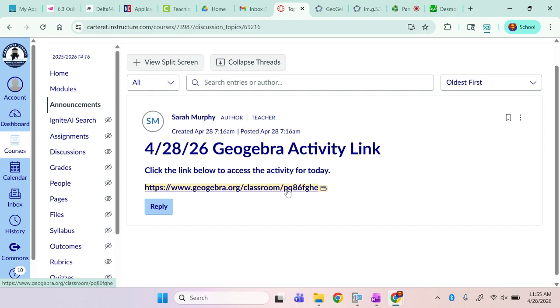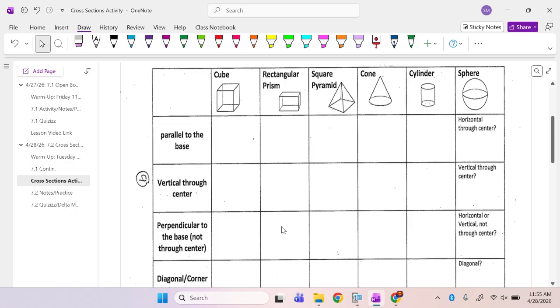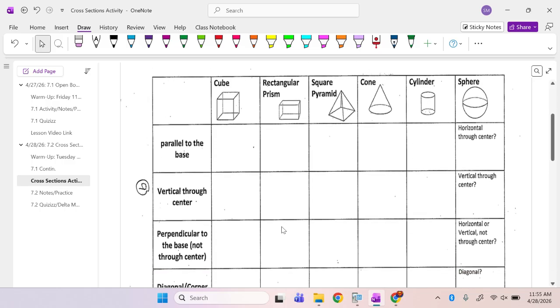You also still need your packets. And I believe this activity is on page 9 of your packet. So it should be page 9 of your packet. You should see this.